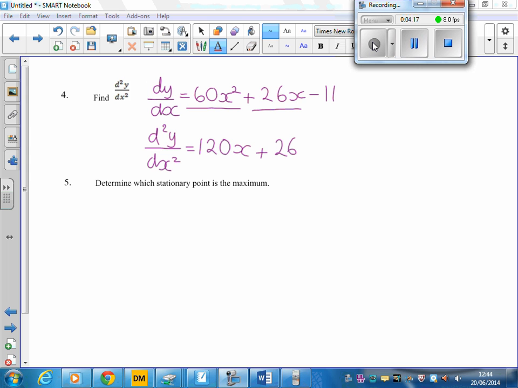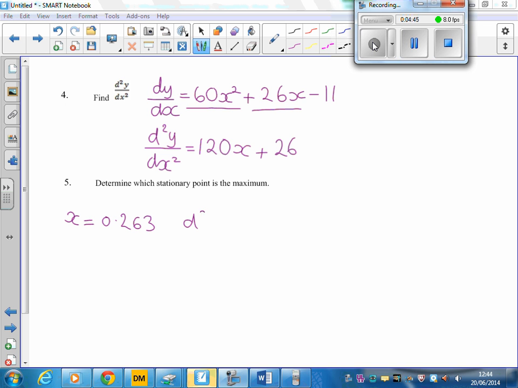Question 5. Determine which stationary point is the maximum. I use d squared y over dx squared, the second derivative, to determine whether it's a maximum or a minimum point. And what I'm going to do is substitute in the 2 values of x that I found earlier. So x equals 0.263 to start with, to 3 significant figures.